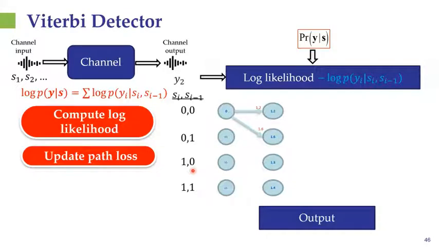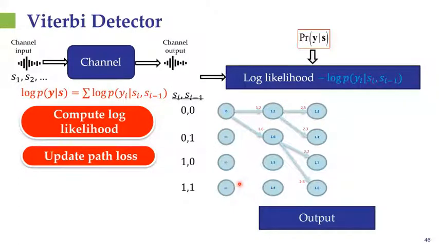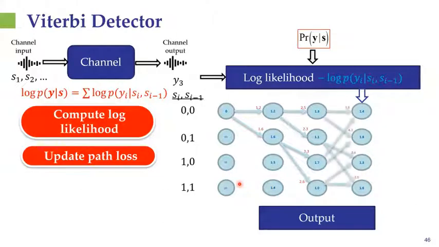Then we take the second channel output. We again compute the log likelihood for each possible state combination which could have led to that. And then again, we continue by maintaining those overall paths where we sum the log likelihoods along each path. Again, another channel output comes in. We again compute the costs, but then at some point we would start having conflicts, and we'd start having several paths leading to the same state.